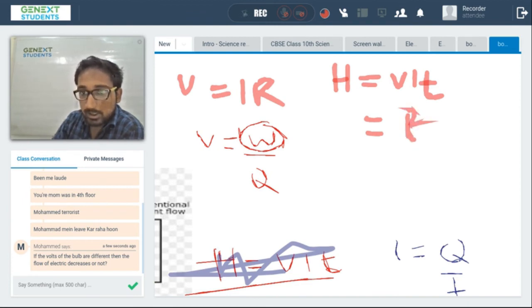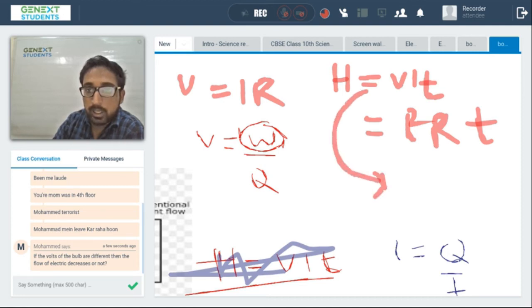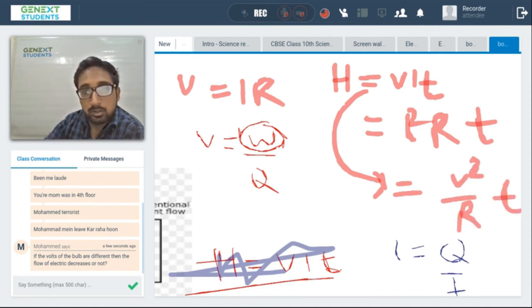I'll get I squared R into T. This can also be converted: I can be written as V by R, therefore it can be written as V squared by R into T. Do you get it? So these are the three different formulas.